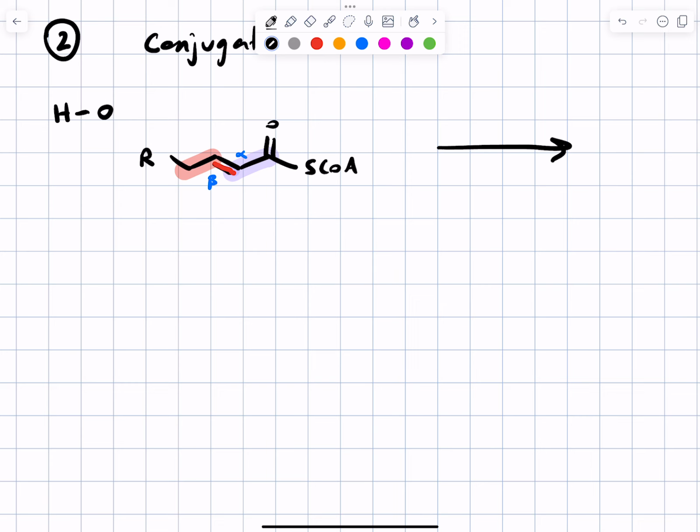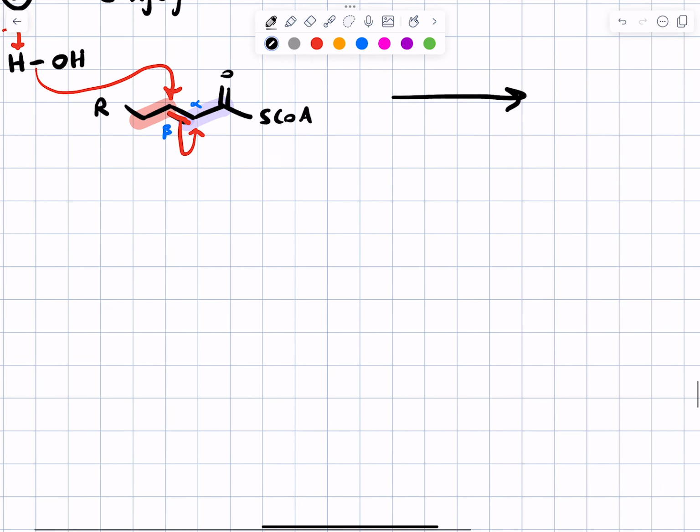The mechanism of this reaction is basically going to be exactly what you would expect. You need to remove a proton from water, then water is going to attack the beta carbon via conjugate addition. That's going to give us a negatively charged intermediate with a negative charge on the alpha carbon. Here is the OH group that just ended up now on the beta carbon.